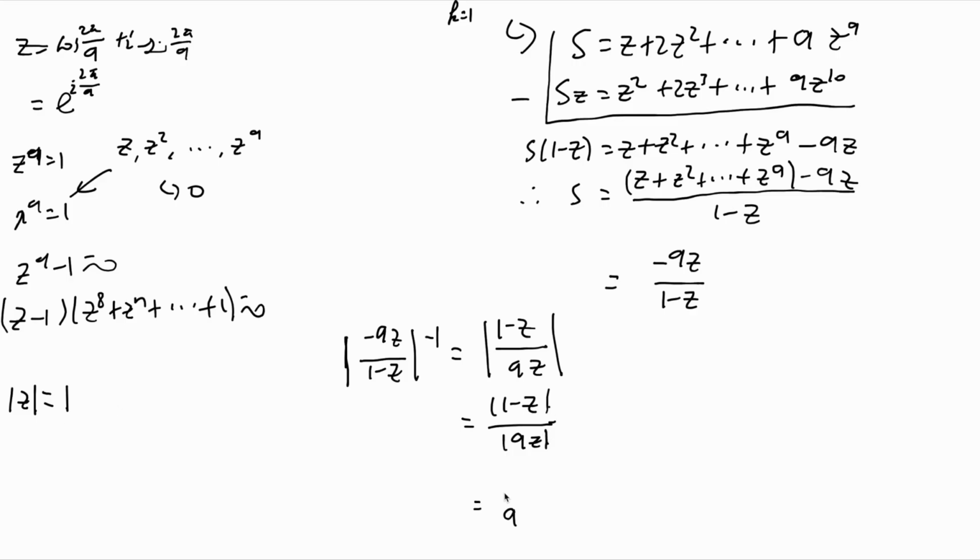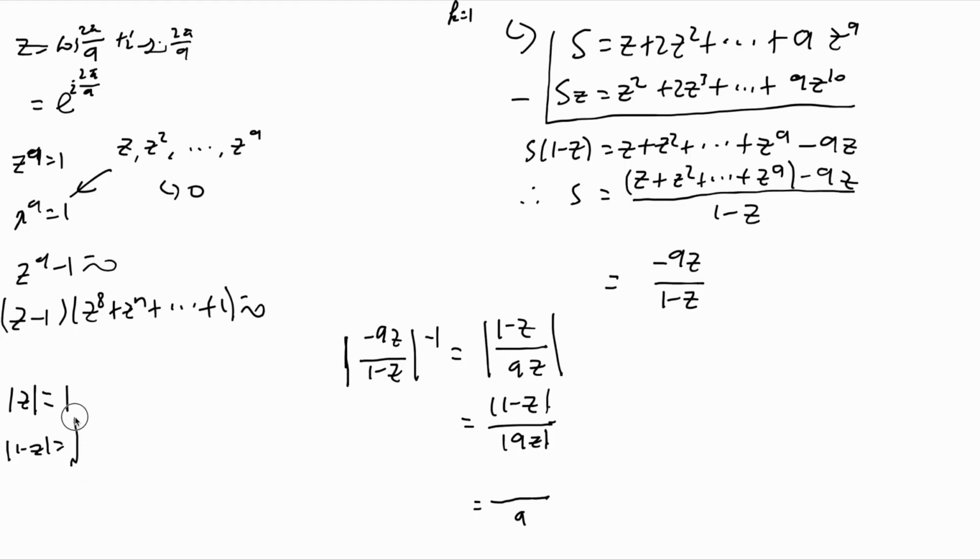And so we can say that the numerator is 9. Then our denominator should be the absolute value of 1 minus z. Now we can compute 1 minus z.